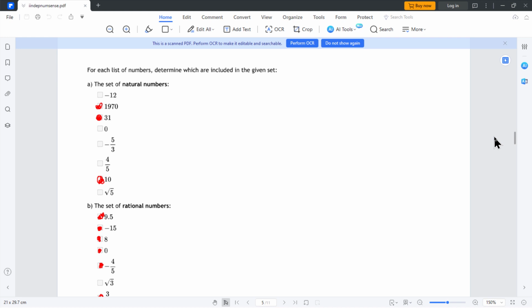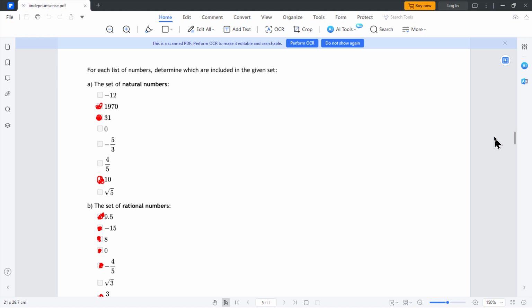Remember, natural numbers are the numbers that occur in nature. 1970, 31, and 10. They occur naturally in nature. You wouldn't find a negative 12 appearing. You don't see 4/5 appearing or square root of 5. The ones that occur naturally in nature. Well, counting numbers, I should say.